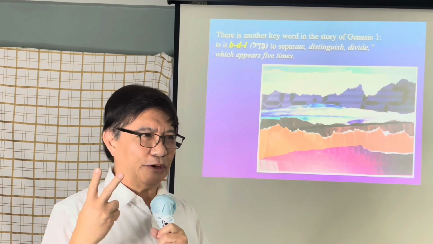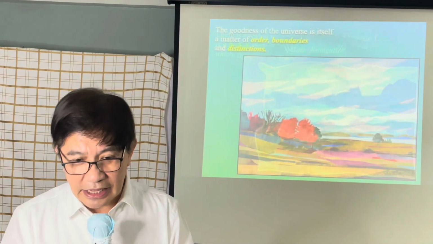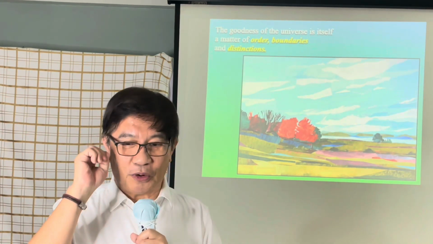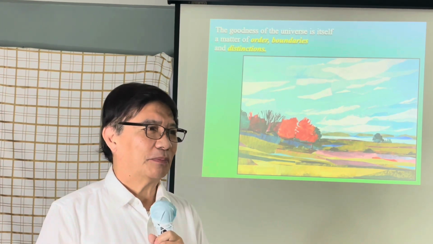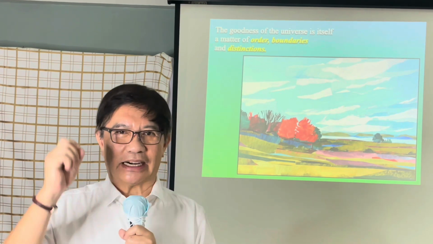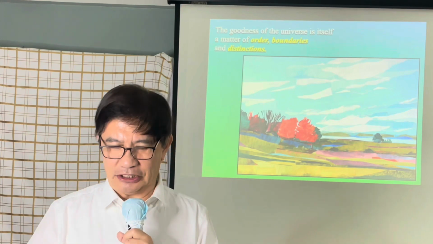So, those are the 2 key words, Tov and bedel. Exactly. The goodness of the universe is itself a matter of order, boundaries, and distinctions. What makes creation good is because there are clear boundaries and distinctions.